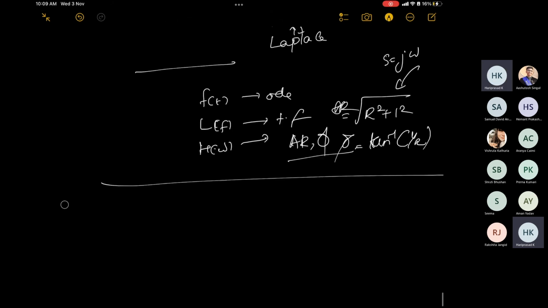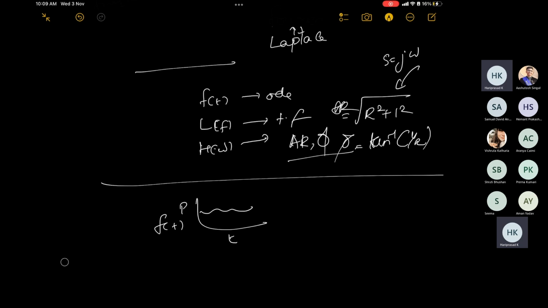So this is where we stopped. This is what we were looking at previously, and the point we were trying to make is how to represent it. The representation became a problem, because for f of t you can show a plot of time versus pressure or temperature or whatever. But in the frequency domain, what is the representation?